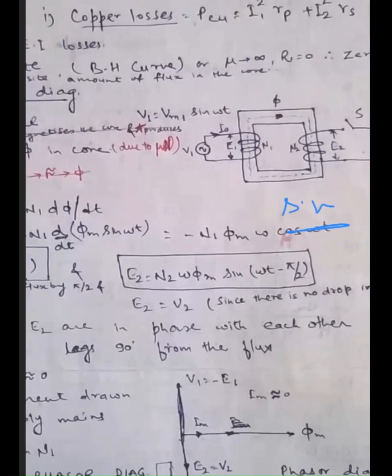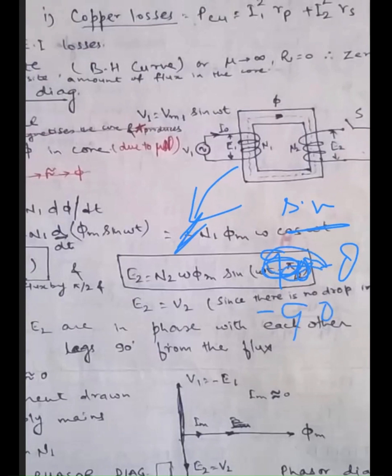But here this is a negative sign, so if we are to get rid of this negative sign, it becomes sin of theta minus 90. Okay, the rest of the things remain the same, that is no problem.